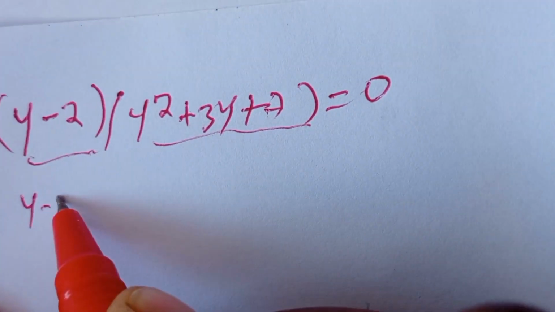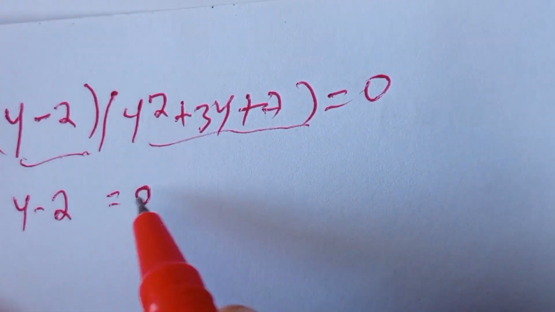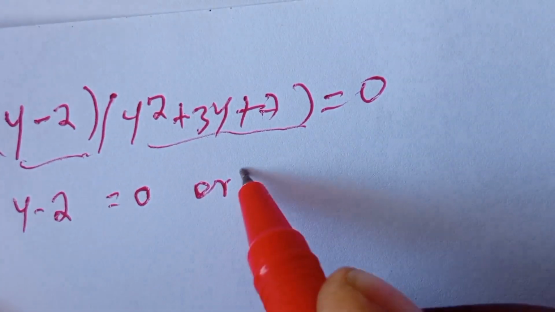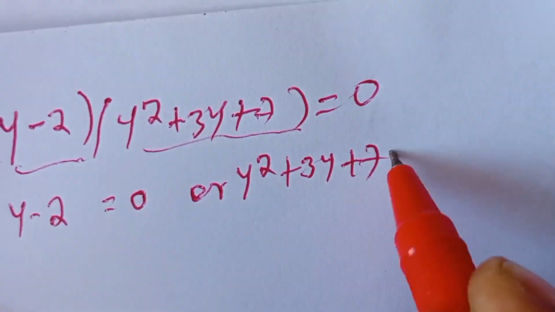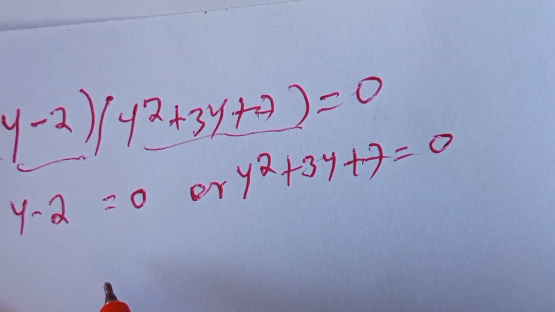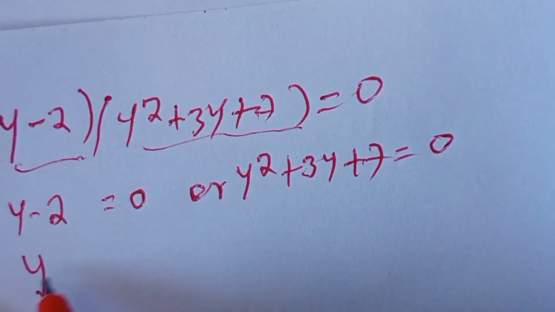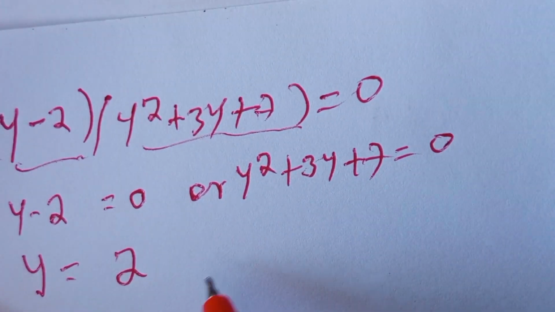So y minus 2 is equal to 0 or y squared plus 3y plus 7 is equal to 0. So this y is equal to 2.